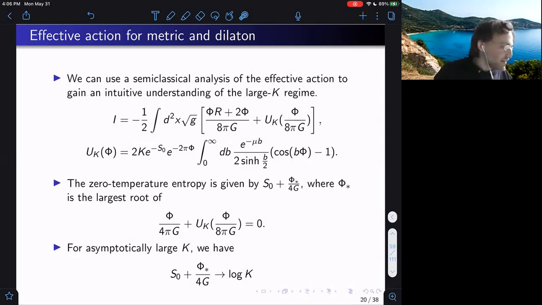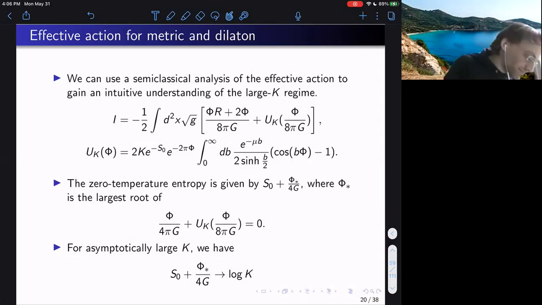I think this is a nice picture because we have end of the world branes, we can integrate them out, and then the number of branes is still present in the semi-classical entropy formula, which kind of makes sense. So you could say that this is a model of induced gravity for that reason.